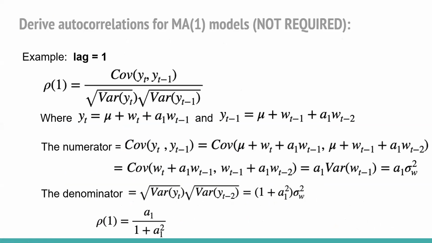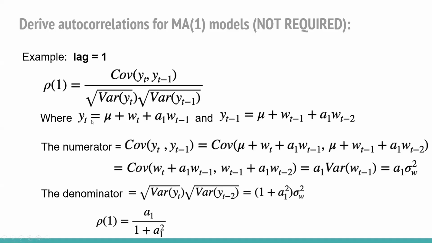Now, if I want to find the correlation at lag 1, of course, this is the formula: the covariance of two time series variables that are 1 lag apart, divided by the square root of the variance of yt multiplied by the square root of the variance of yt minus 1. Okay, so you get it now.